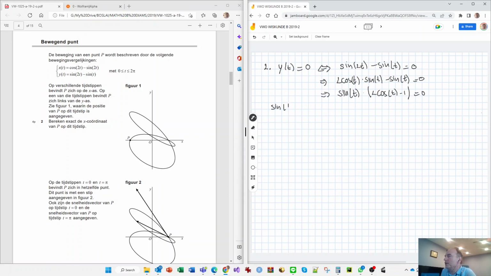So sine t is 0, or cosine t is 1/2, in this interval here. So we have 0, pi, 2 pi.